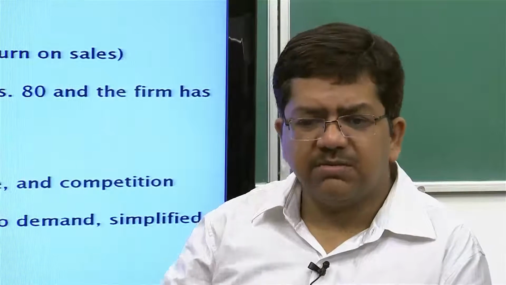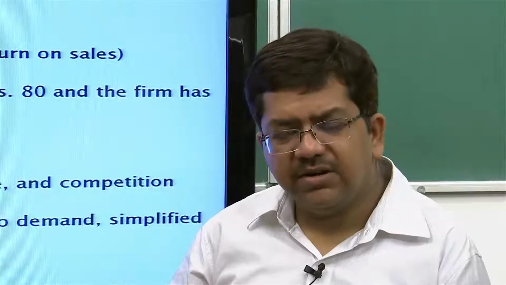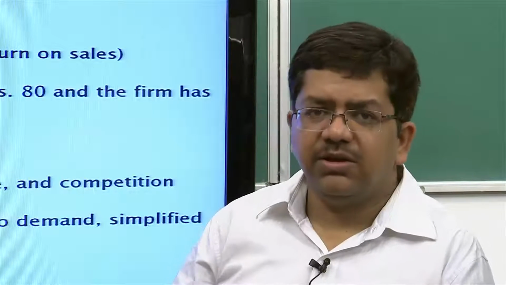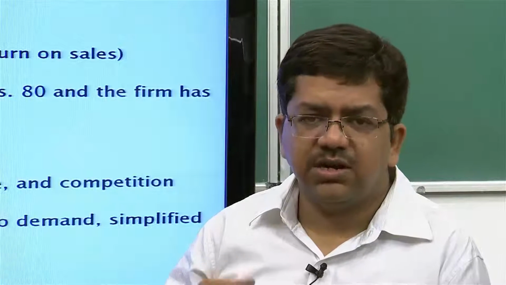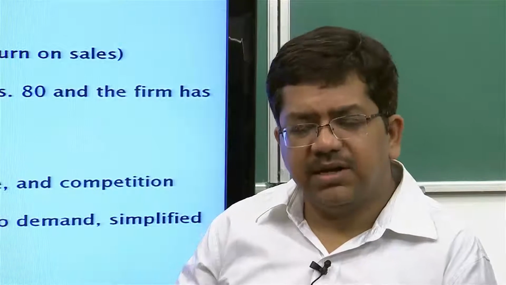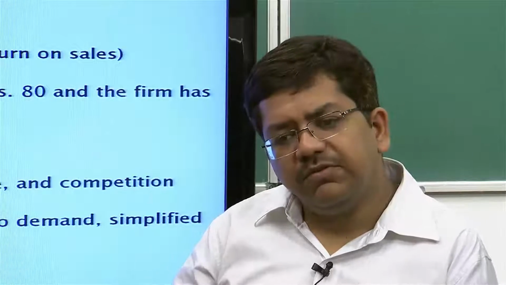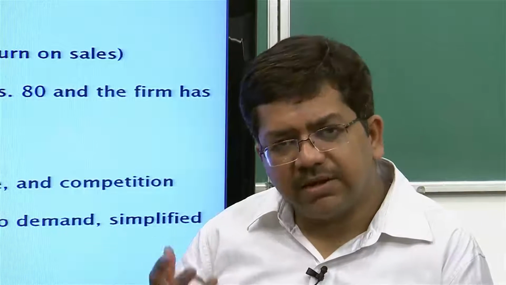Markup pricing is about this formula: you have a desired return on sales in your mind as a marketeer. You assess what the ideal desired return on sales should be so that you can achieve the profit or revenues that you are targeting, as well as assess what kind of market response there will be.